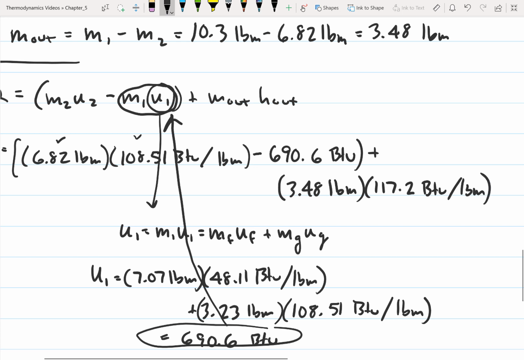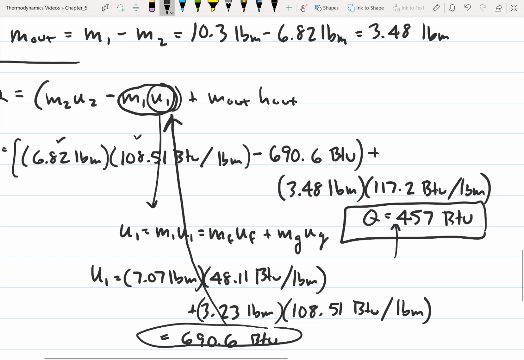So if I work through all of this, I get that Q is equal to 457 BTU. And we got a positive result, which we expect because there's heat input to the system.